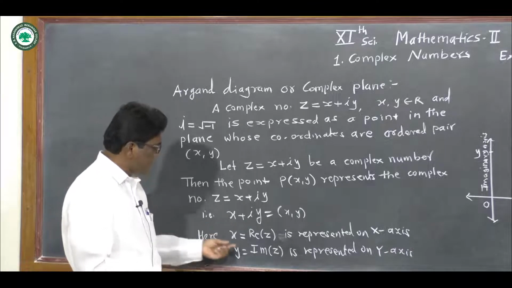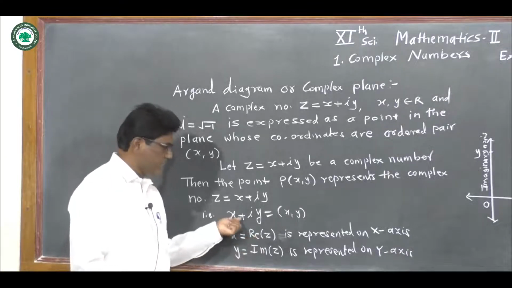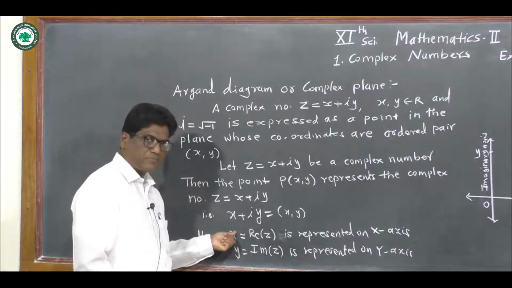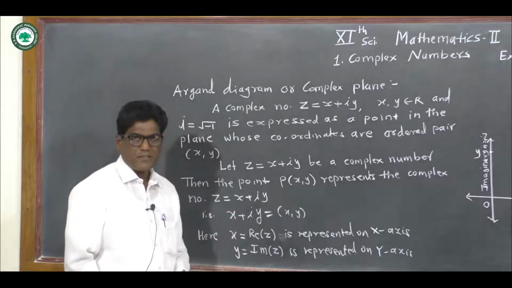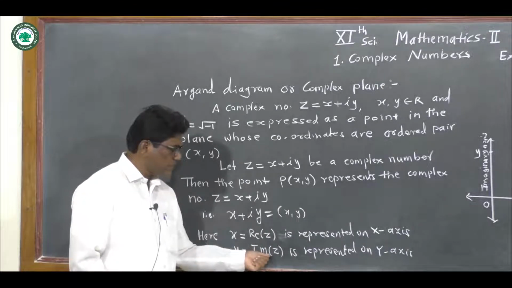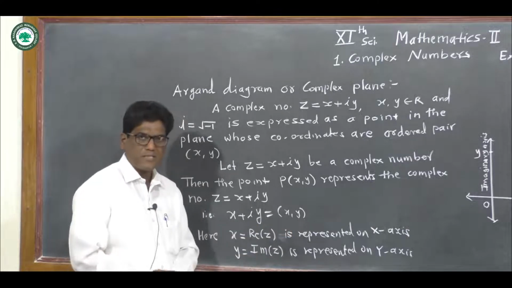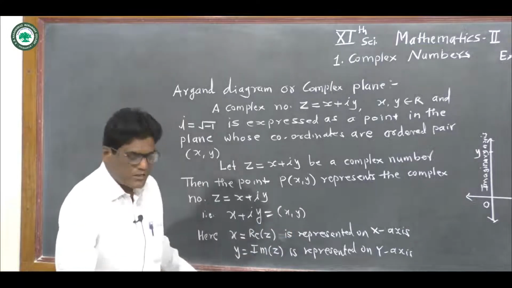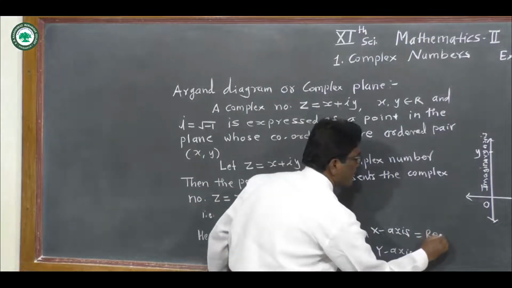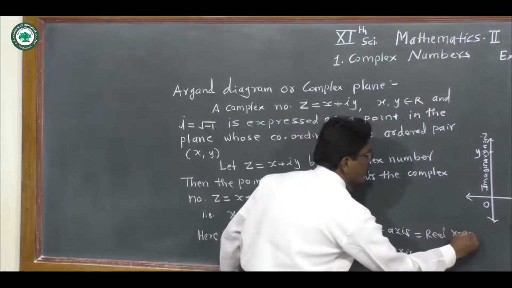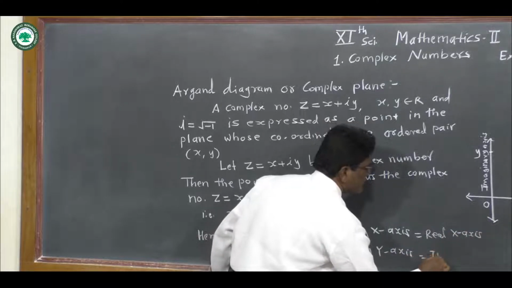Here x is the real part of z. We know that for this complex number x plus iy, x is the real part, so that real part is represented on the x-axis, and y is the imaginary part of this complex number z, which is represented on the y-axis. So the x-axis is called the real axis and the y-axis is called the imaginary axis.